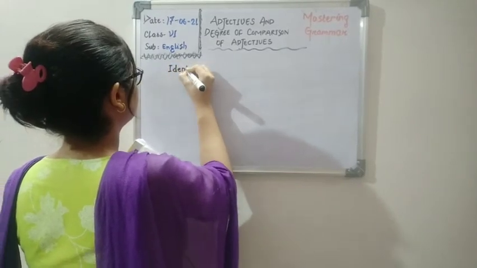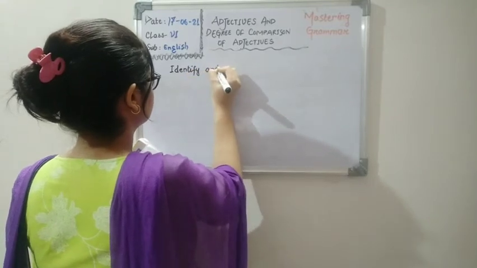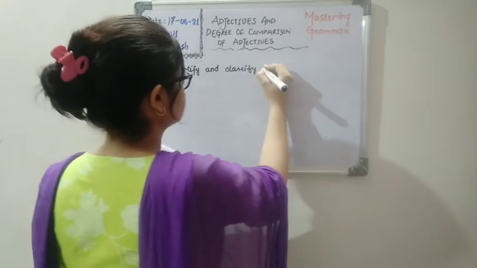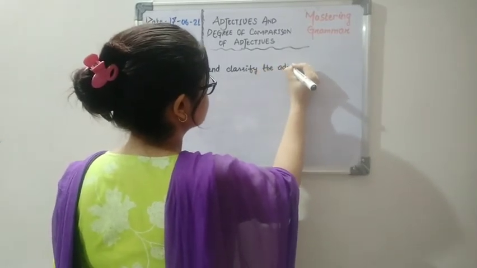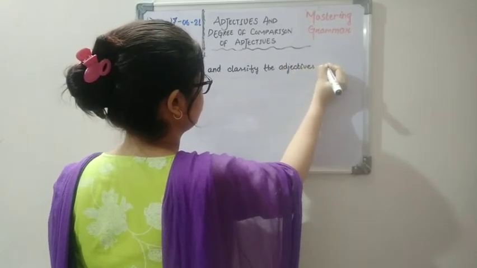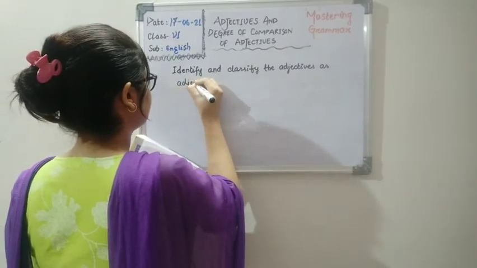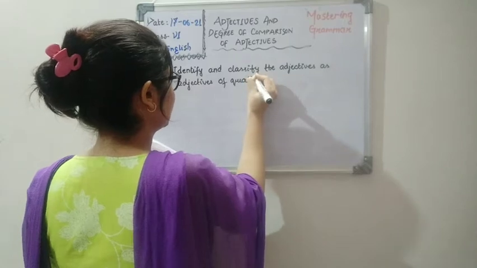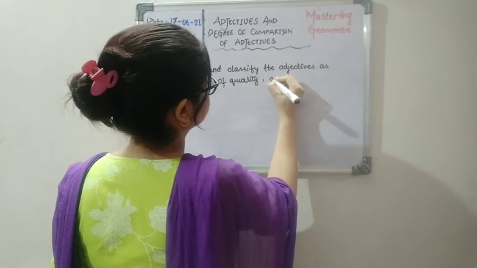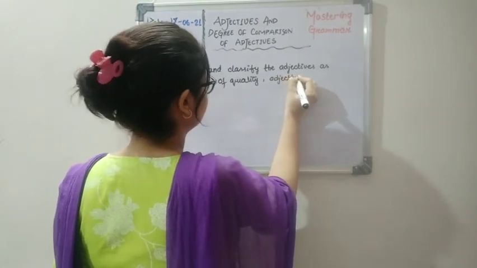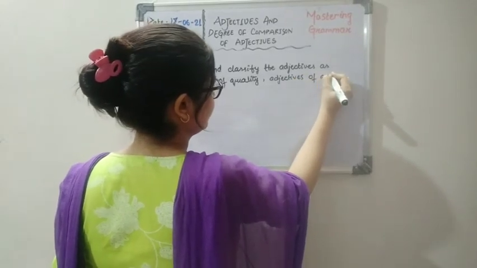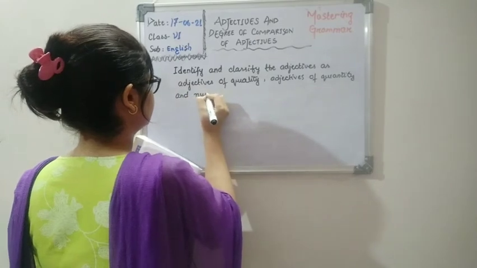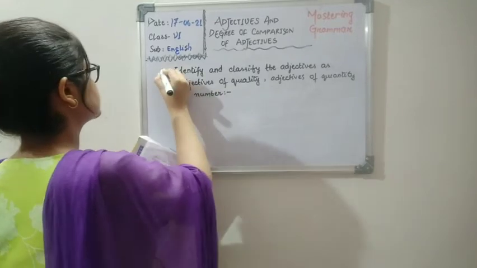Identify and classify the adjectives as adjectives of quality, adjectives of quantity and number. Okay. Now this is the B part.